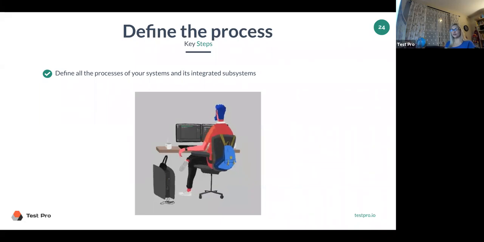Then you're supposed to define the process of your system and integrated subsystems. So if, for example, your application is integrated with something, like our Coil player integrated into, I don't know, social sharing on Facebook.